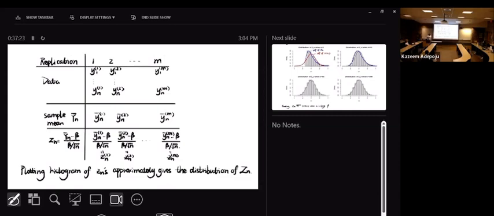We're going to have M repetitions. That is the mean that we got from repetition number 1. Now, from that mean, we can compute the Z.